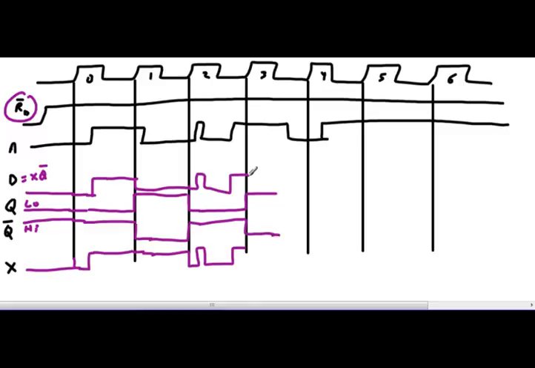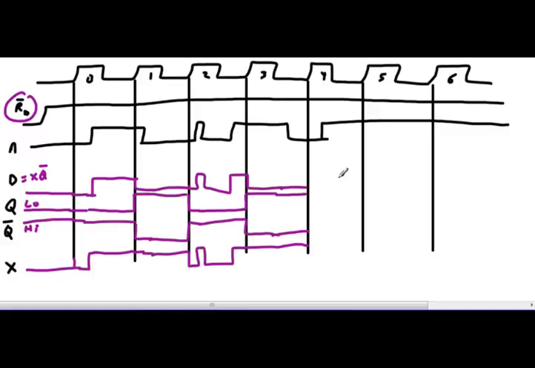Because Q naught goes down, D goes down, X stays high all the way across. All right, almost there. A clock pulse happens.